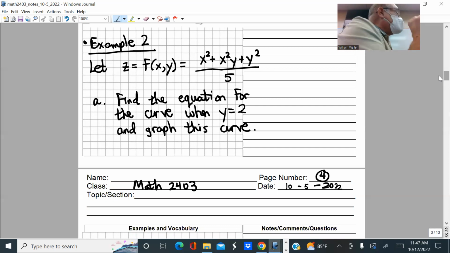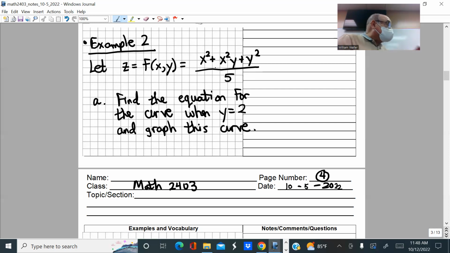If we fix y equals 2, setting y to be 2 in this formula leaves x and z as variables, and the y's disappear from the equation. Then you'll just have an equation z equals some function of x.